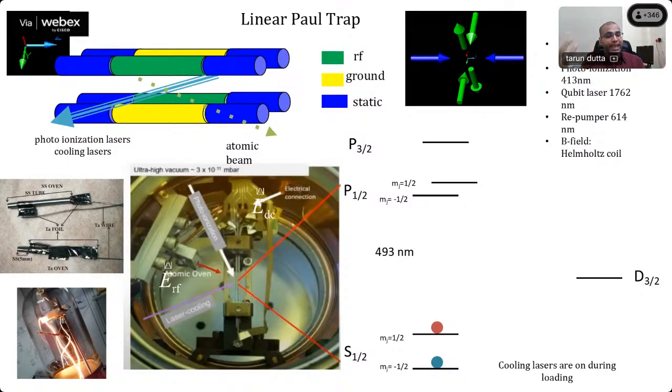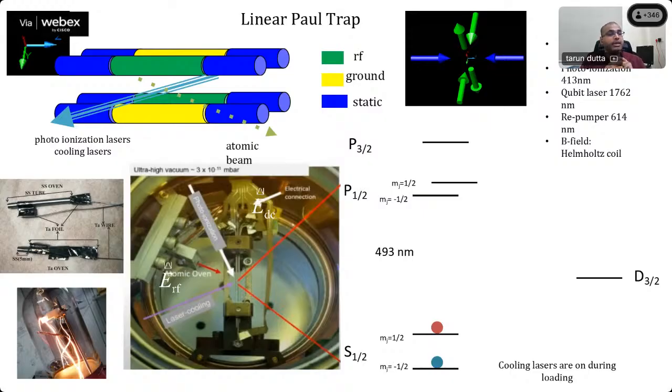If your ion's energy is quite higher compared to the depth of the potential you have created, then you cannot load. Even if you have an ionization laser, you cannot load without a cooling laser. So you need to reduce the energy of the ion which is being produced by the photoionization laser.